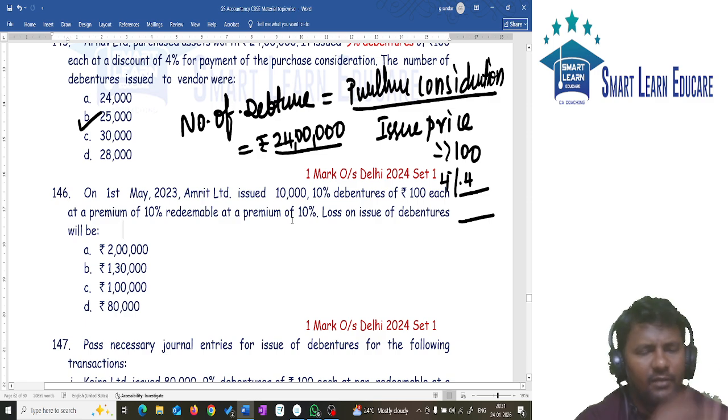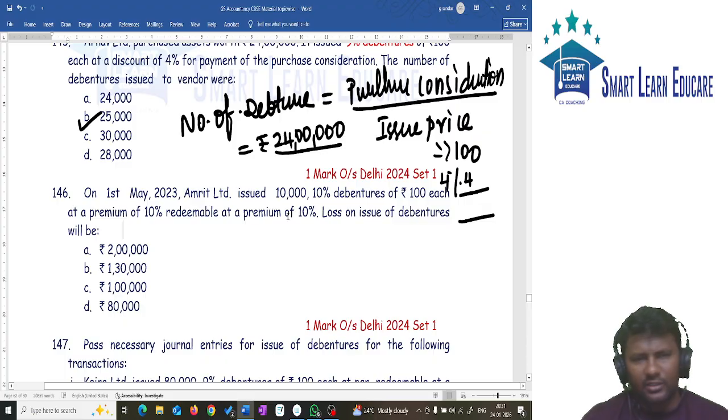At the time of redemption also, repayment also, there is a premium of 10%. At the time of issue, if you have premium, that is your profit.